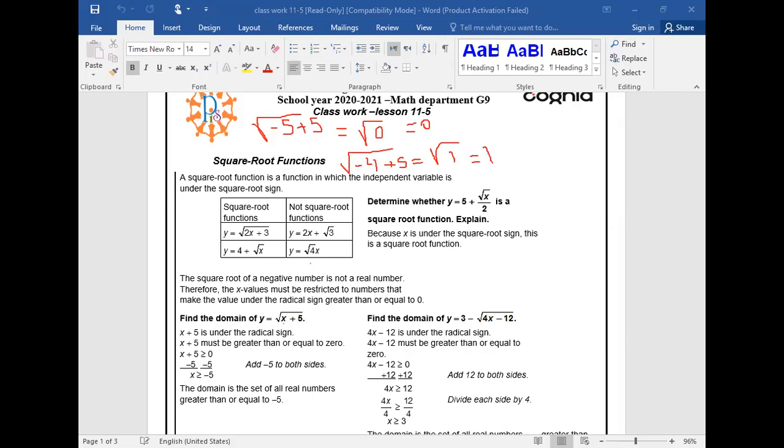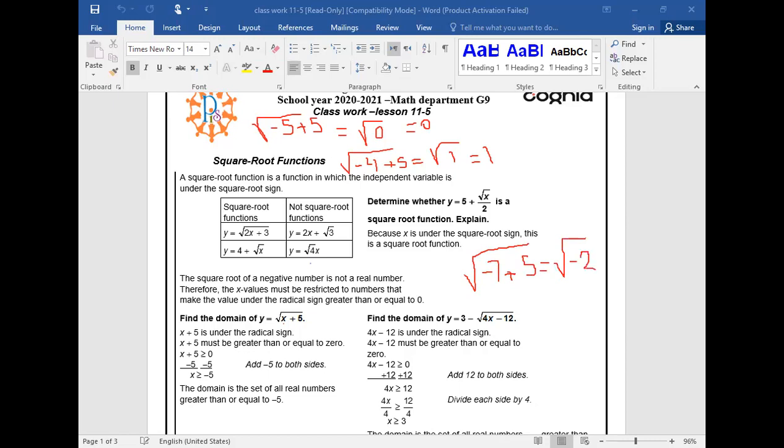But if you choose a number less than negative 5, like negative 7, for example, because we said more than or equal, then it will be negative 7 plus 5. So the answer will be the square root of negative 2.